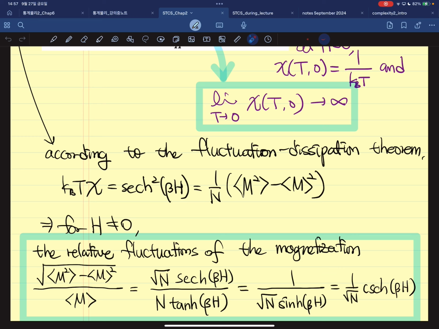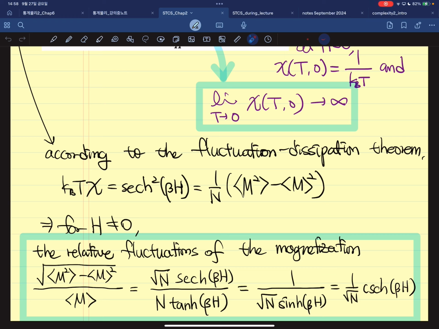We already derived the so-called fluctuation dissipation theorem, or this relationship. Susceptibility is actually proportional to the relative fluctuation or variance in average magnetization. So if we put this function, we have this relation, which means that the relative fluctuation of the magnetization, the standard deviation divided by the average, is given like this.